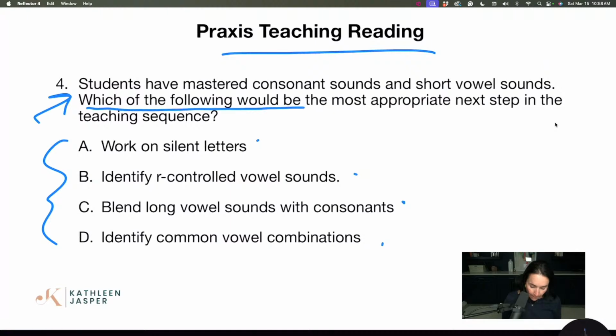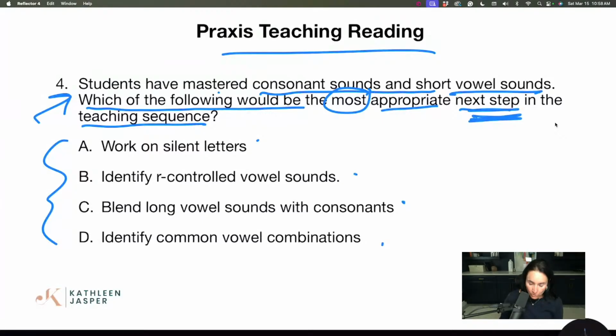So which of the following would be the most appropriate next step in the teaching sequence? Okay, right away, this is a continuum question or a systematic question. Next step. You will get questions like this on the exam where they give you a skill. And in this case, it's students have mastered consonant sounds and short vowel sounds. So it's going to be like bat, right?